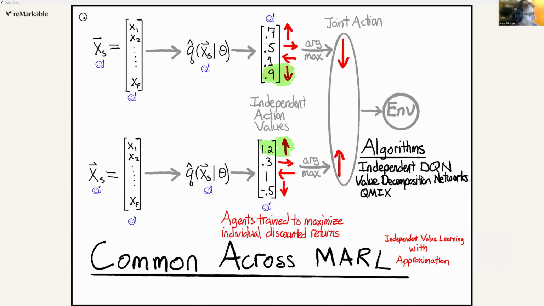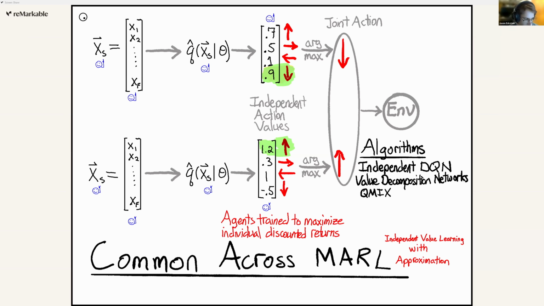So we've already discussed how these algorithms are trained, here I'm just showing how these algorithms actually work when they are deployed in an environment. So these q hat functions that I'm showing here, these techniques will attempt to learn a function for each agent, the action value function.